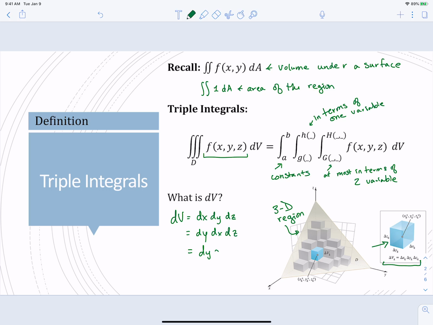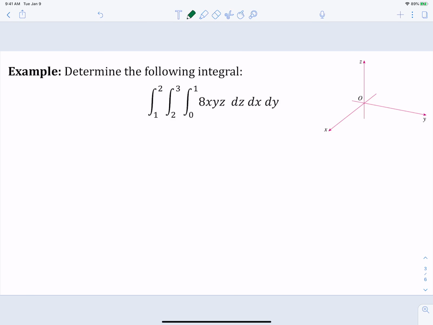But we can integrate in whatever order is most useful for us. Most of the time it's going to be dz, dy, dx. Most of the time this first one is going to end up being our order. But we can do this in whatever order we need to, just like with the double integral, we can flip and flop them.